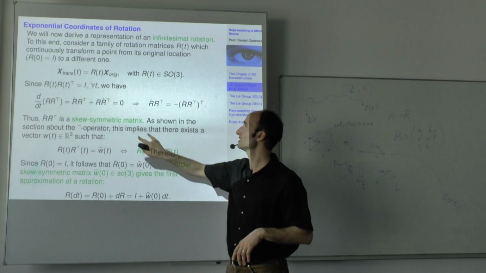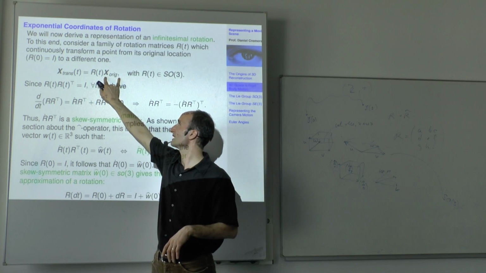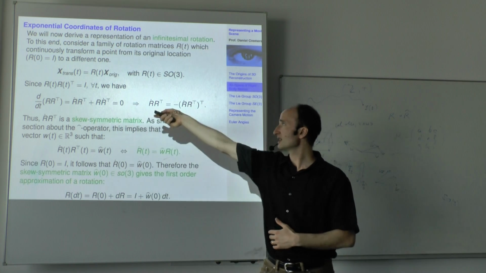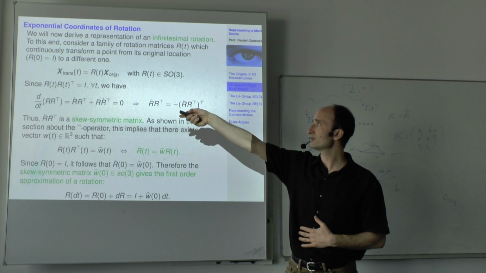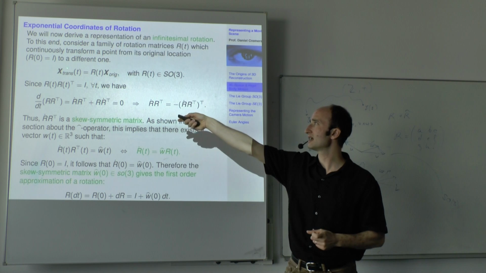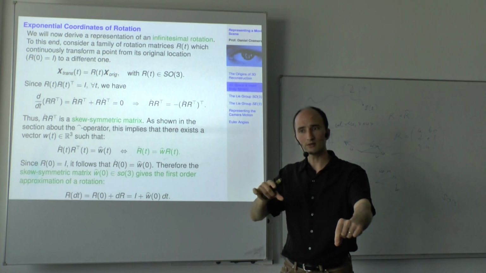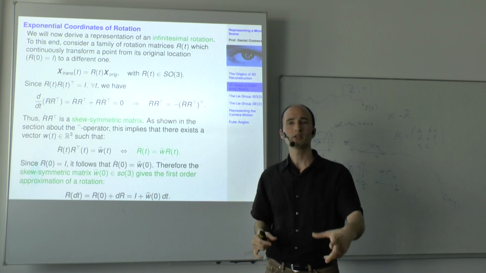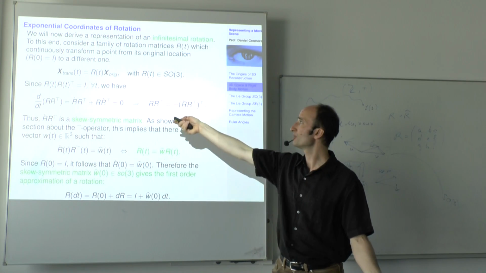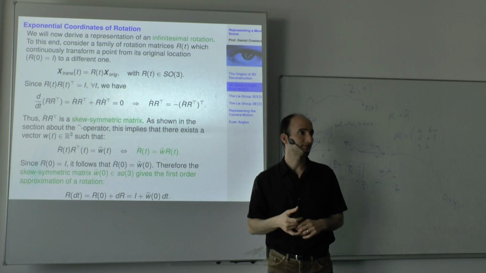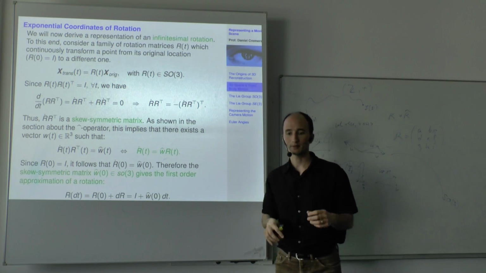Then in the original frame they have the coordinates x original, and with time they get new coordinates. In particular, if R at time 0 is the identity matrix, then at time 0 these are the coordinates of my point, and once I move the camera the point doesn't actually change, but the coordinates with respect to the camera change because the camera rotates.